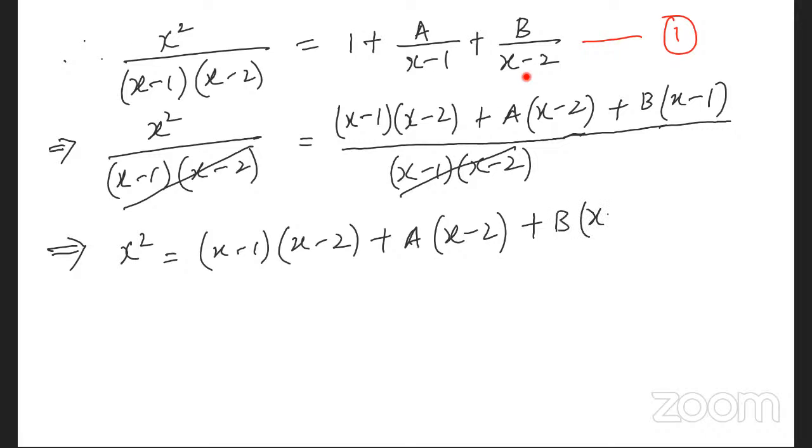Okay, now we shall find out the values of a and b. Okay, so what are the factors you have? X minus 1 and x minus 2. Let us consider this equation as two. Fine. What are the factors you have?